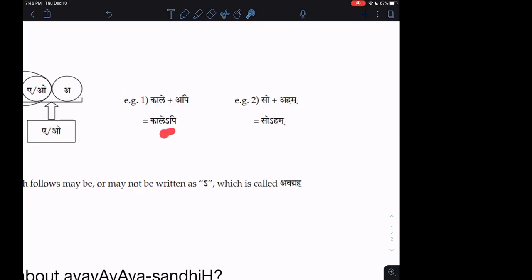So oftentimes we use it for ease, but you don't need to use it, right? We do this for convenience sake, so that when we break the sandhi we know that there's two words, we know that there's akara there, but we don't need to do it. So it's up to you. Sometimes you'll see it in prayer books, for example, sometimes you won't.